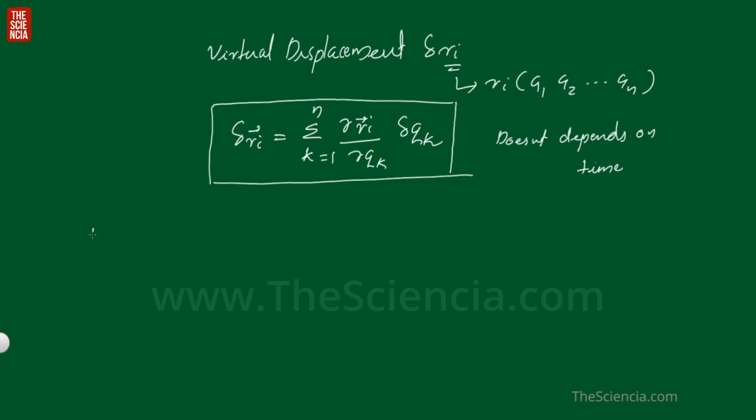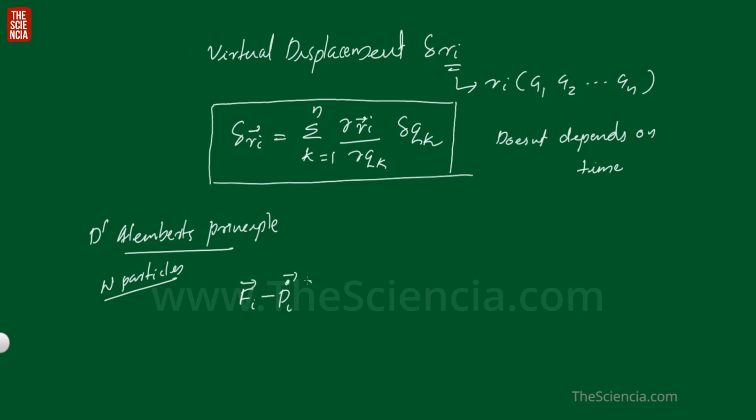Now we are going to consider D'Alembert's principle for n particles. Right. I think you remember the equation, that is, Fi vector minus pi dot vector, dotted with delta Ri vector, equal to 0. And here we are considering n particles, so I am taking the summation from i equal to 1 to n.